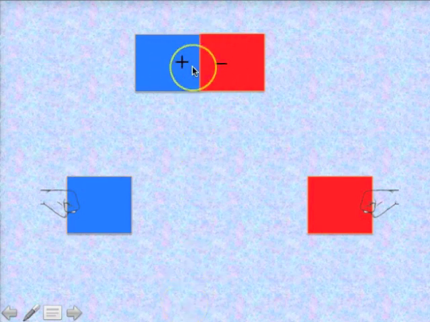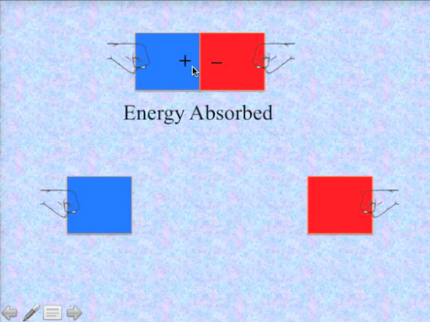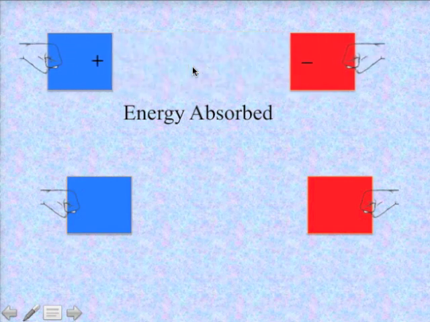You have to grab a hold of each end and you pull them apart, because there's an attractive force, and to break that attractive force, you have to absorb energy into the system. You have to pull those magnets apart.